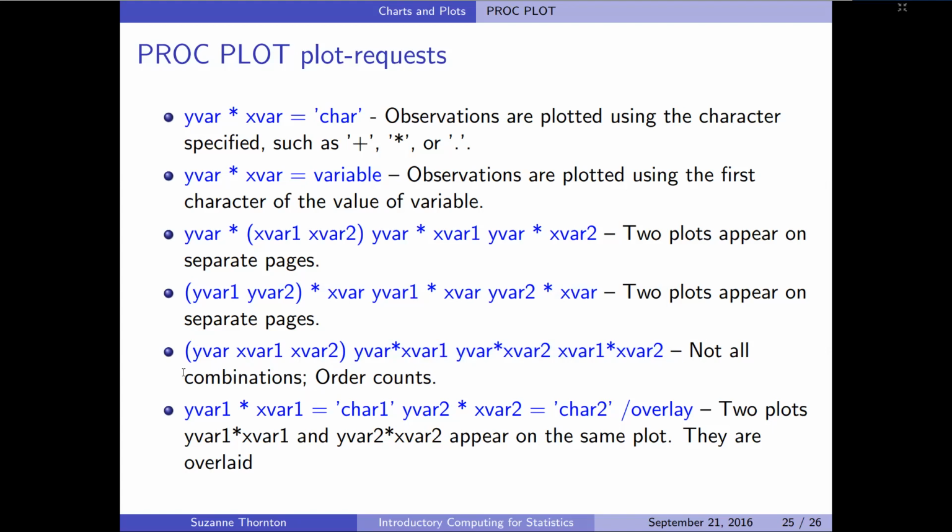Since we have three variables here, we could indeed have 6 different plots: y against x1, y against x2, x1 against y, x1 against x2, x2 against y, and x2 against x1. However, it will only include these three.